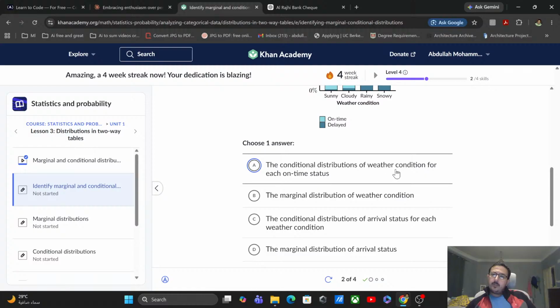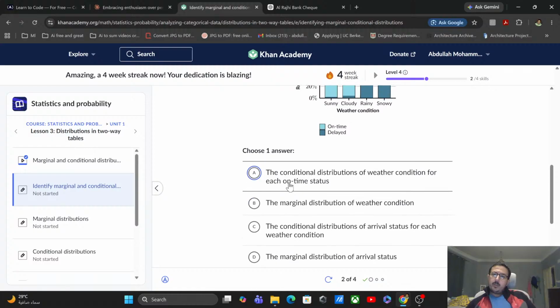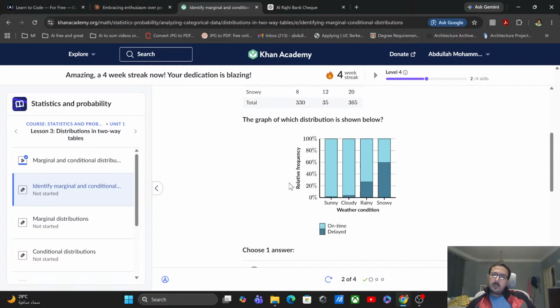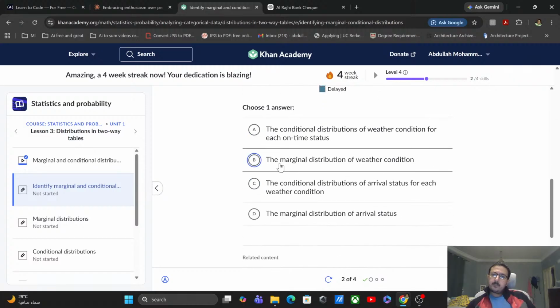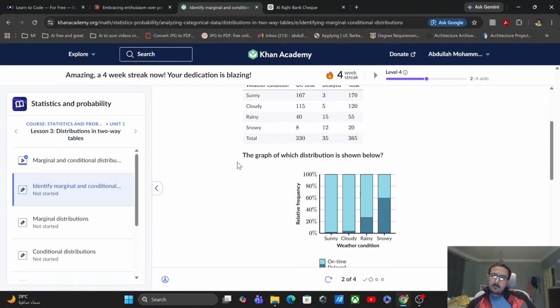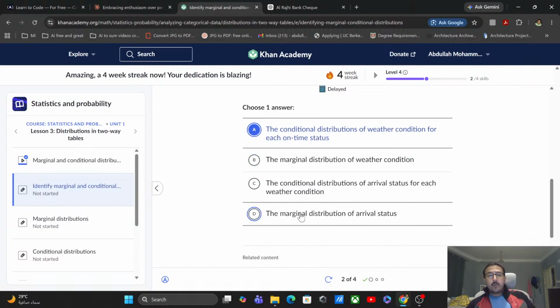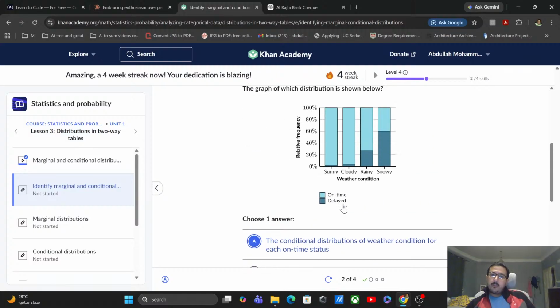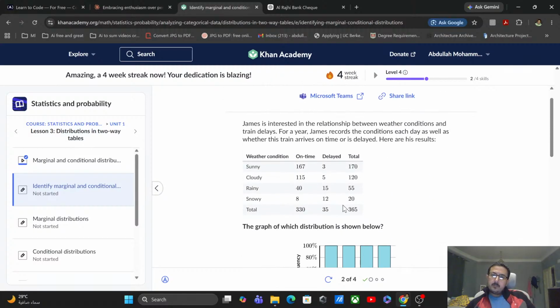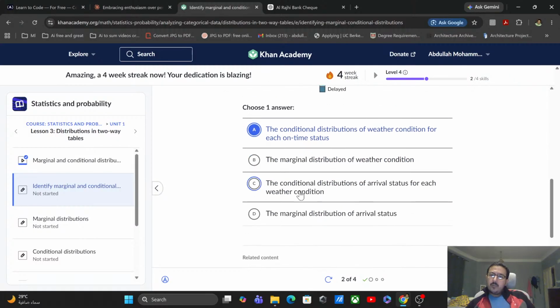So the condition, a further condition for each on time status, for each weather condition of arrival status.